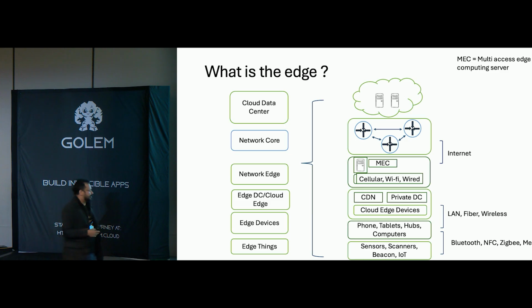On the right side, I've shown where we have connectivity, where the network core and network edge connect through the internet, whereas there is LAN connectivity between private data centers and these smaller devices, and the sensors connect through various protocols. It could be Bluetooth, Zigbee, mesh networks, things like that. So that's kind of the whole ecosystem of edge devices.